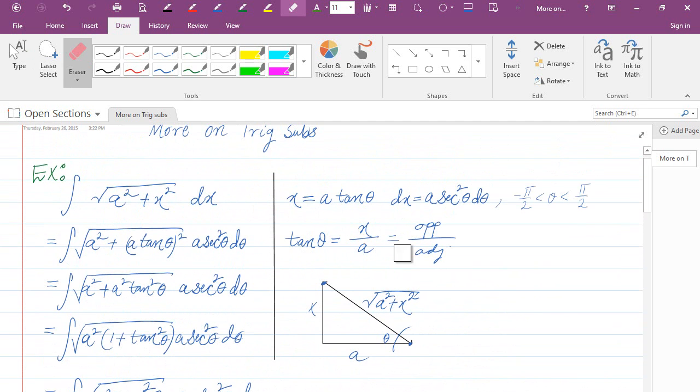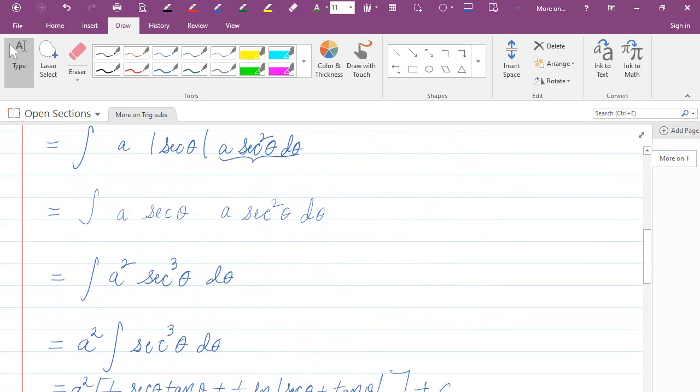And tangent of theta is opposite over adjacent, so if I make a right triangle where I pick theta to be this angle, then the opposite would be x, the adjacent would be a, and the hypotenuse would be, by Pythagoras' theorem, root of a squared plus x squared. So now I can say tangent of theta is x over a, and secant of theta is the hypotenuse over the adjacent. So the secant of theta would be this root quantity divided by a. So that's what we're going to plug in.